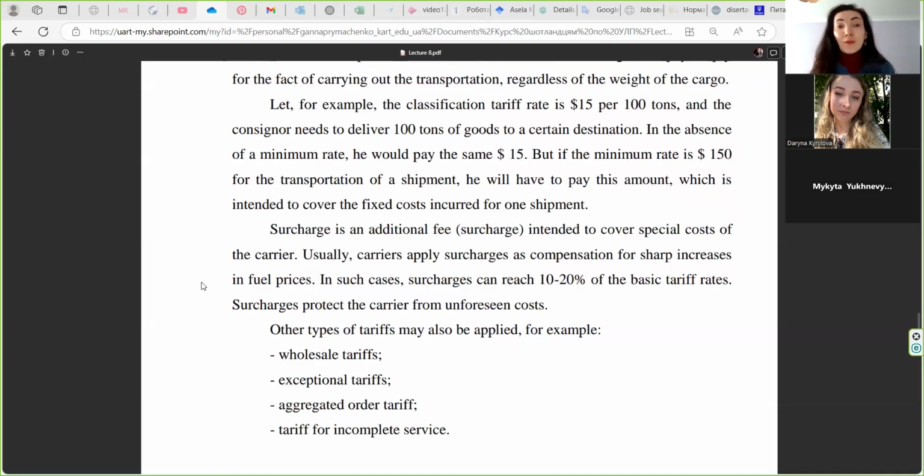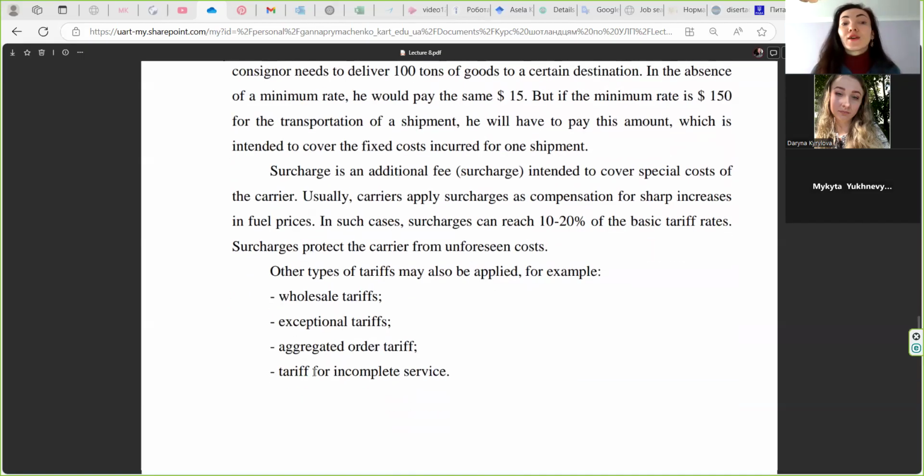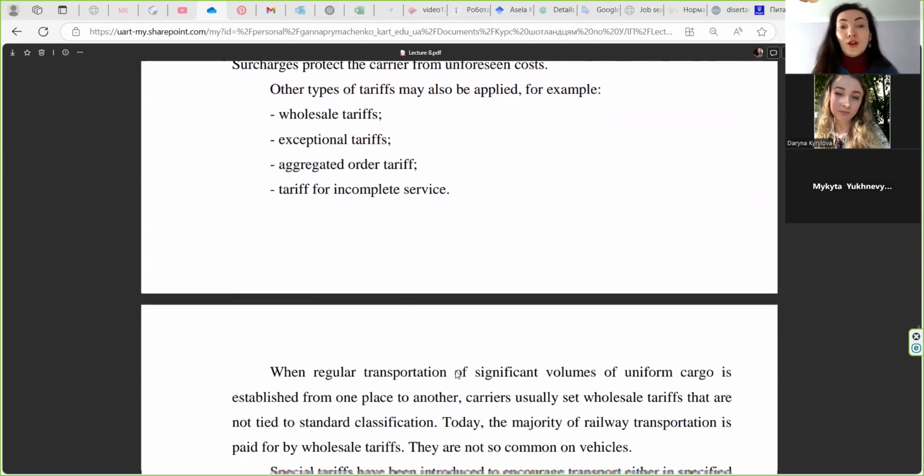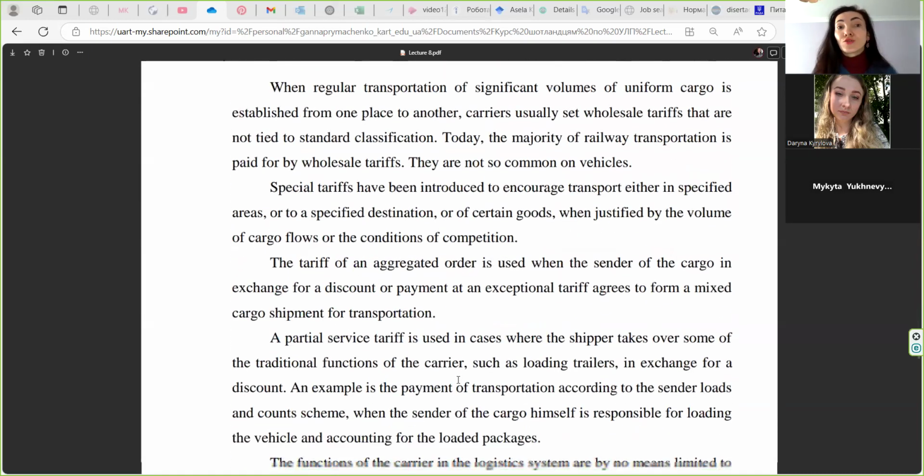What does it mean? For example, wholesale tariffs, exceptional tariffs, aggregated order tariff, tariff for incomplete service, and others. So we need to understand which type we need and how we could use it for our activity.